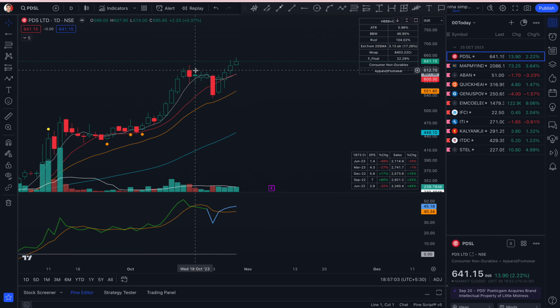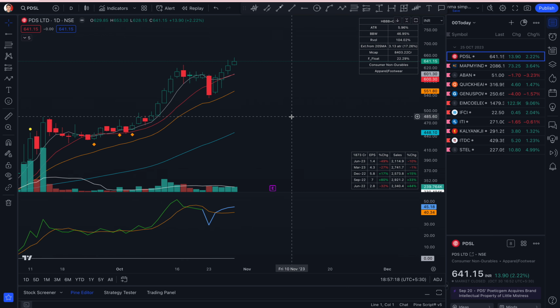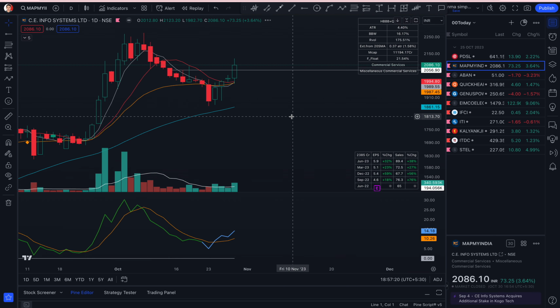So again PDS, this was the entry day, because this is the first high which is higher than the high of all the days of the pullback, similar to this, right? So this high closed above the previous pullback days' high.